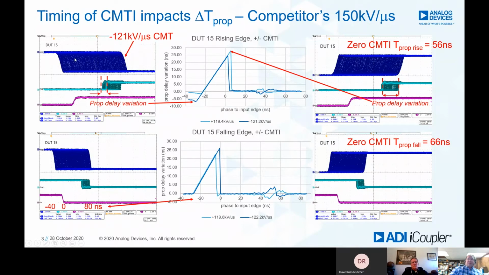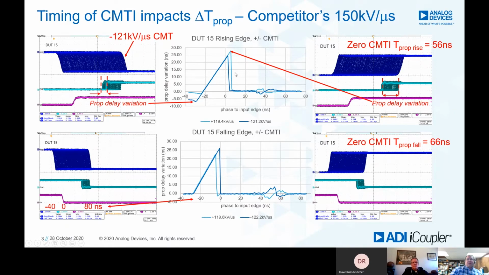The scope shots here are infinite persistence, so it's basically the same thing time after time after time. The input is unchanging because that's fixed, but then you can see the timing variation that happens when we're applying a transient at different time locations.